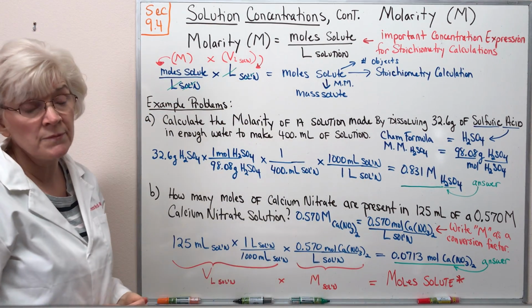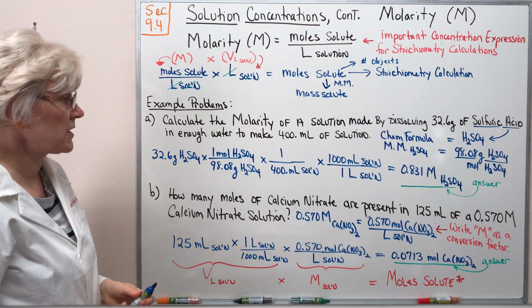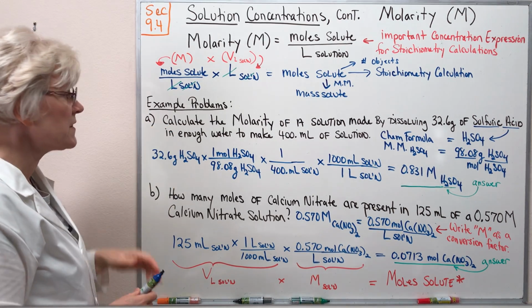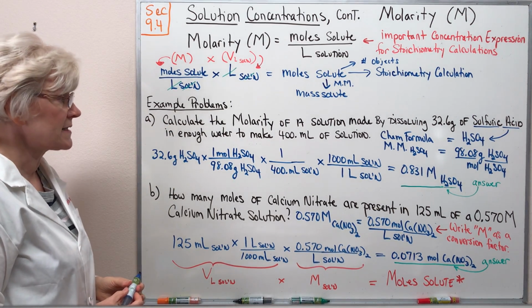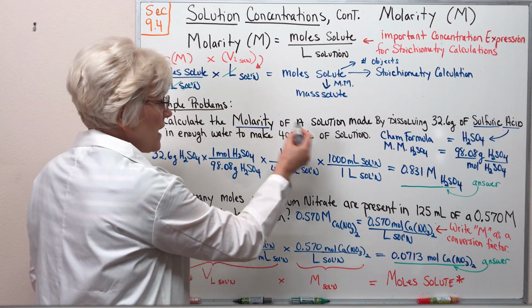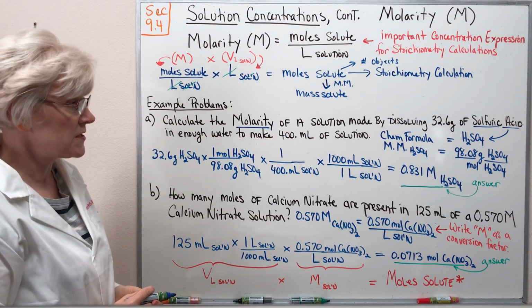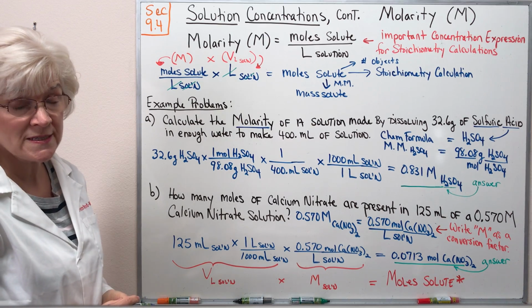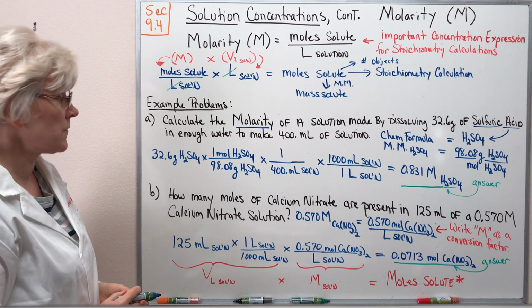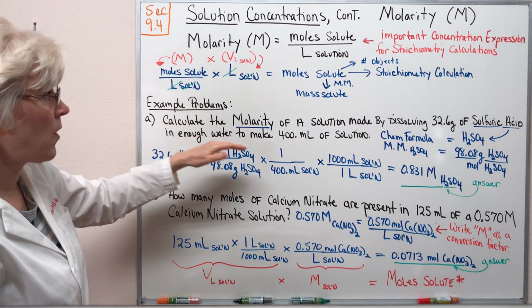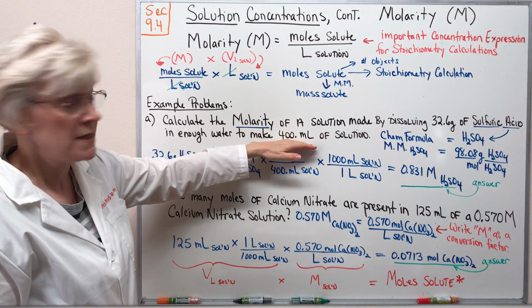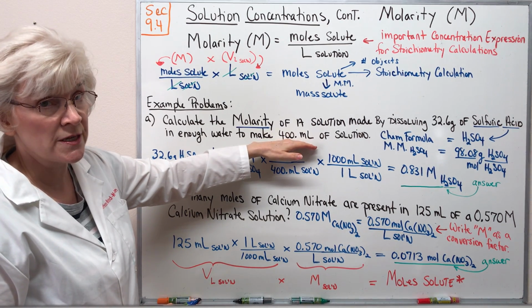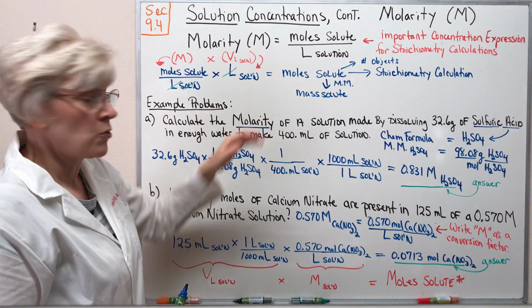Let's take a look at a couple of example molarity calculation problems. In this first example, you're asked to calculate the molarity of a solution made by dissolving 32.6 grams of sulfuric acid in enough water to make 400 milliliters of solution. What would be the molarity?